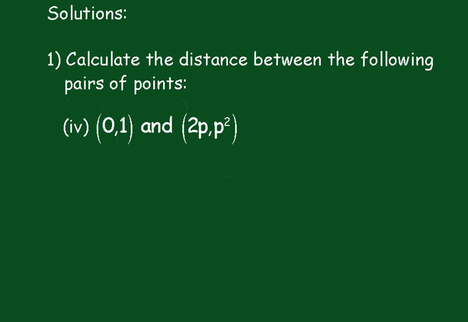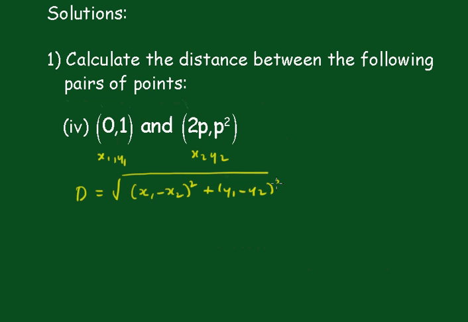Alright, 0, 1 and 2p squared. So our x1, y1, our x2, y2, our distance formula. If you keep on writing all this out each time, you'll certainly remember it. So I'll do it this way, x1 minus x2 for a change, all squared. Now we put that in.